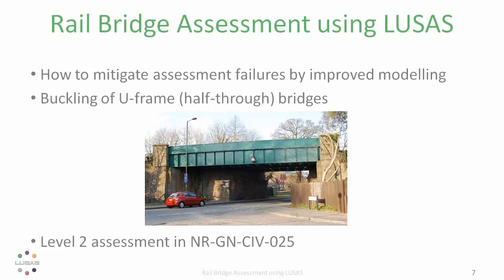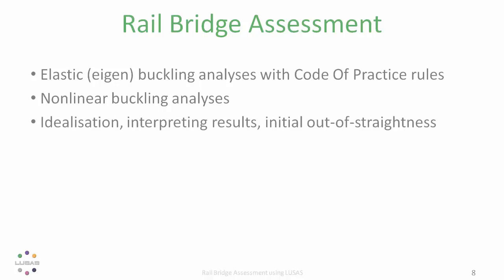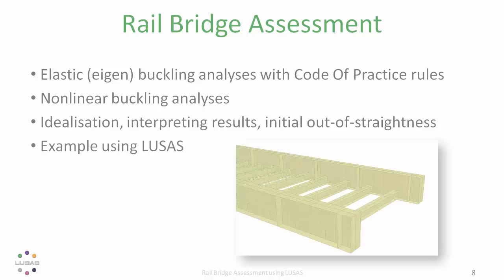So we'll be looking at how we can use elastic or eigen buckling analysis together with codes of practice rules to obtain a less conservative moment of resistance. And we'll look at how nonlinear analysis can help us further. We'll also discuss several issues along the way, such as idealization, interpreting the results, and initial imperfections. I'll be building an example U-frame model in LUSAS, showing you where to find the key functions of interest.